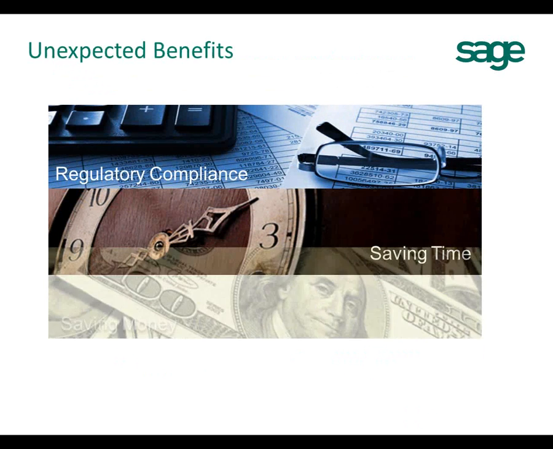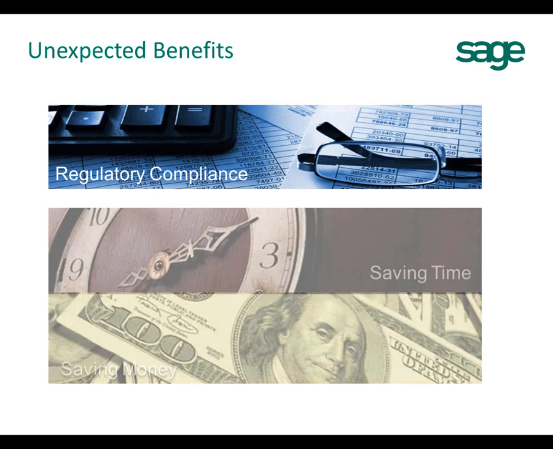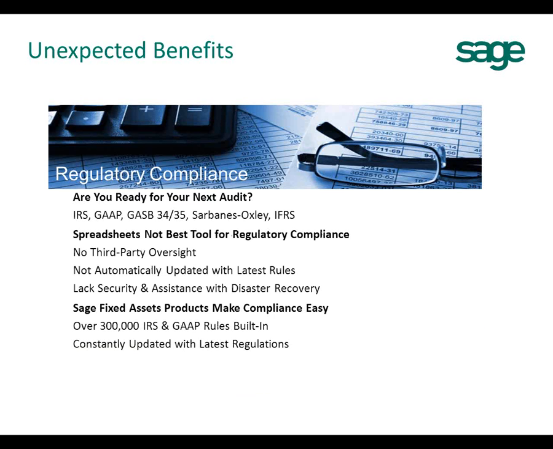Now you might ask yourself, what are the benefits of having a depreciation module? Right off the bat, it guarantees you're compliant. It saves you time, and last but not least, what a lot of companies love to hear is that it saves you money. Our software will absolutely assure you that you're going to be ready for your next audit because we are compliant with IRS, GASB, Sarbanes-Oxley, and IFRS.